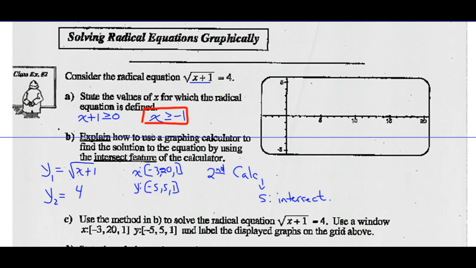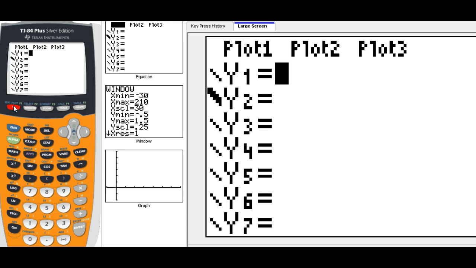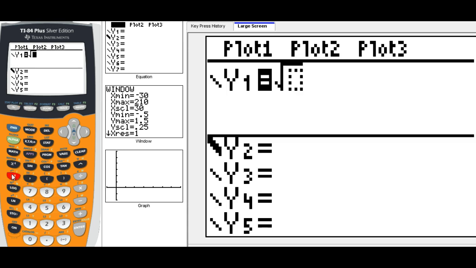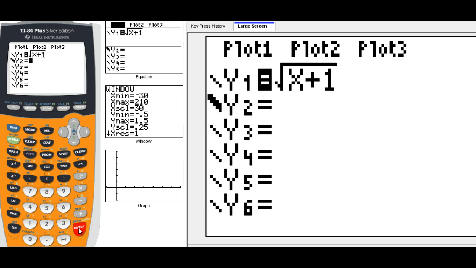Okay, so go to your graphing calculator, go to the y equals screen, type in the left side of this equation, the square root of x plus 1. Press enter. In y2, I'm going to type in the right side of the equation, which is 4.